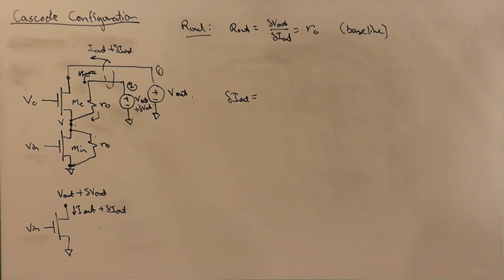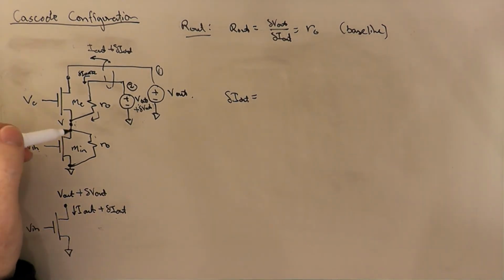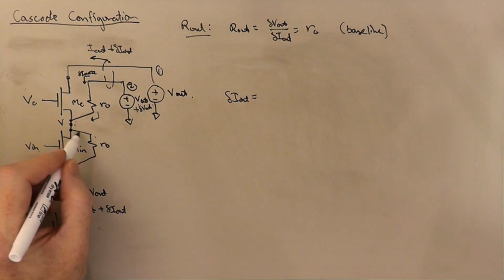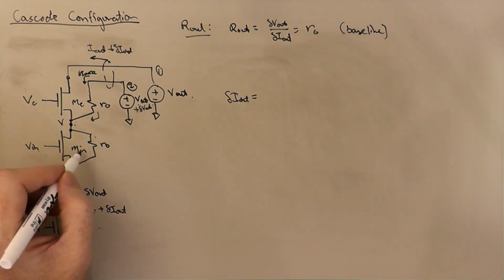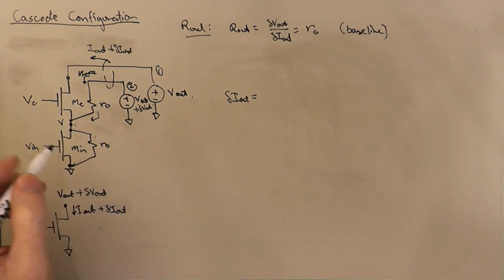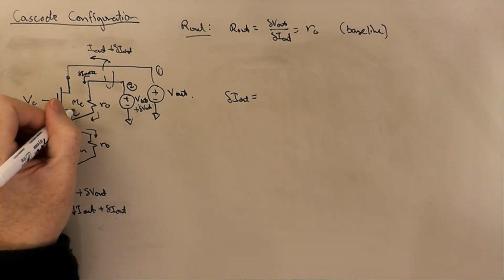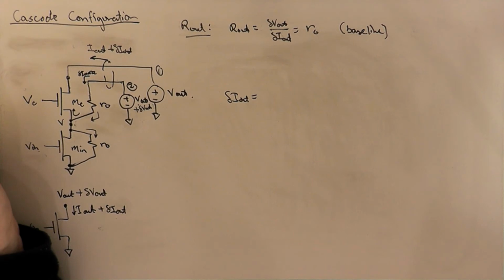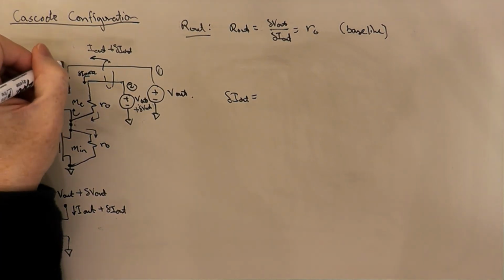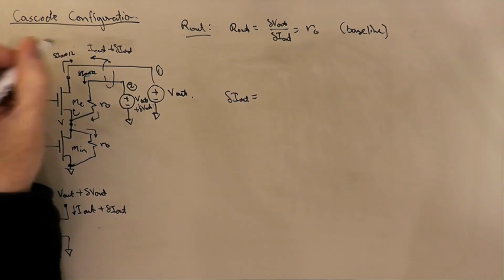Now it sees a two-way current divider. There are 3 things connected down here, but we have the drain of the input transistor, which is ideal, and we have the RO of the input transistor, which we're accounting for by this early effect resistor here. Some of it will go here, and some of it will go back up the cascode transistor and come out as a delta I out 1,2.